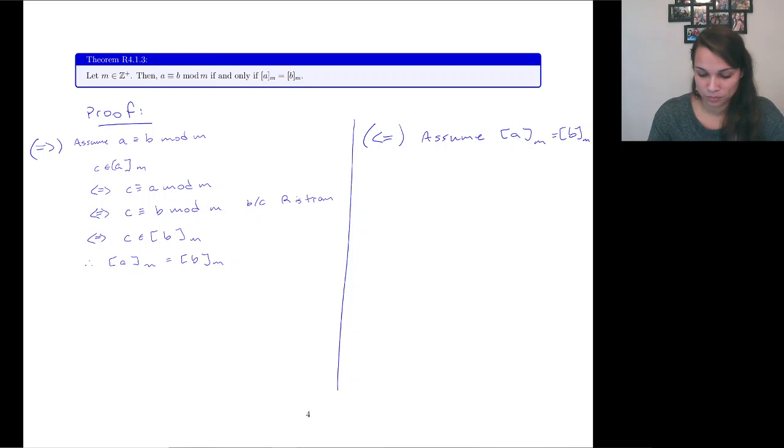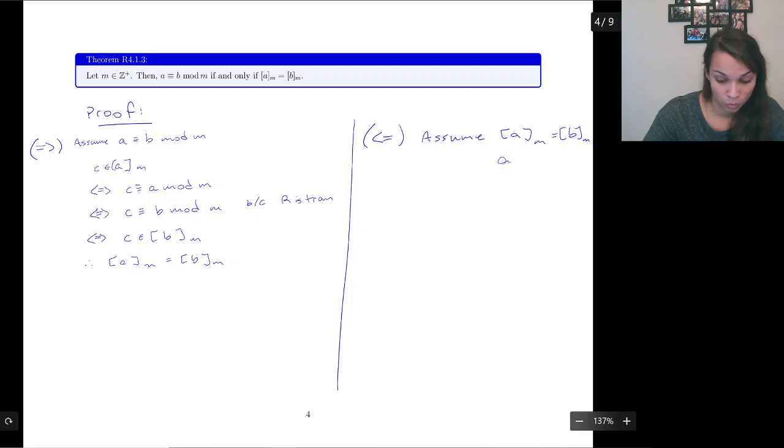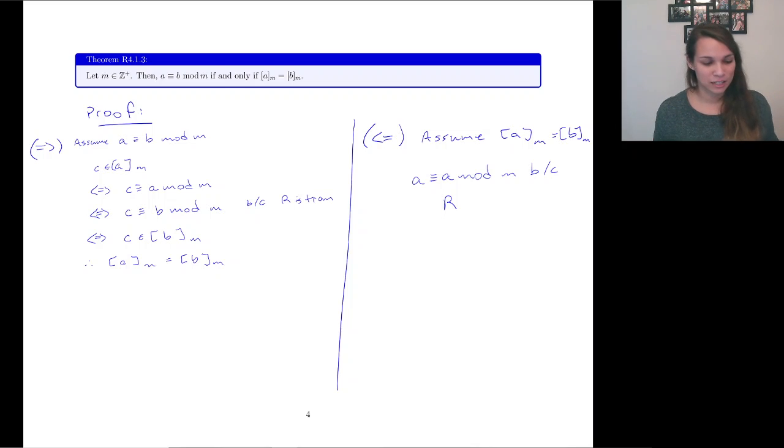So what we know, I know that A will be an element in here. Why do I know that? A is congruent to A mod M because, remember R, it is an equivalence relation.